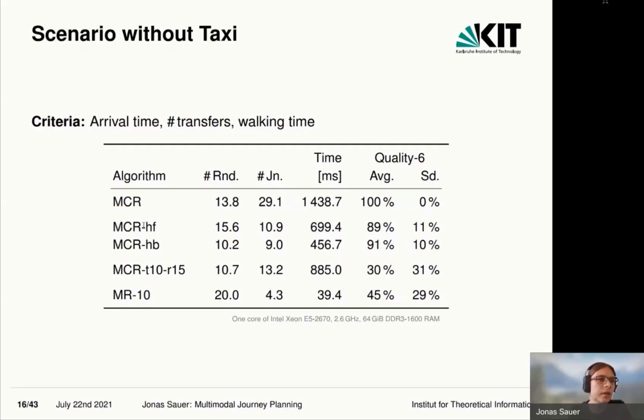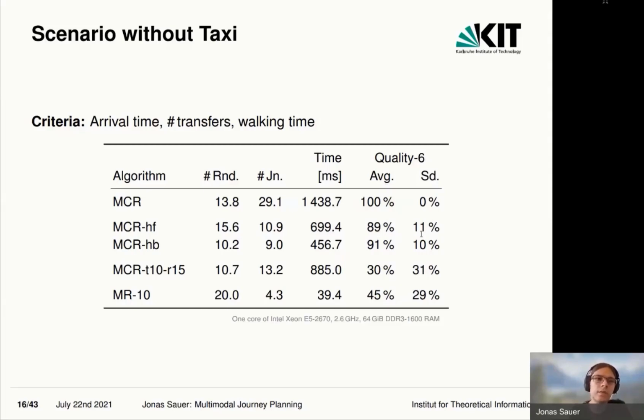Now, let's look at the heuristics. We have MCR-HF, which applies fuzzy logic during the algorithm, which cuts the running time in half, approximately, also cuts the number of solutions in half, and our similarity quality measure, where we compare the top 6 journeys, gives us an average similarity of 89%.